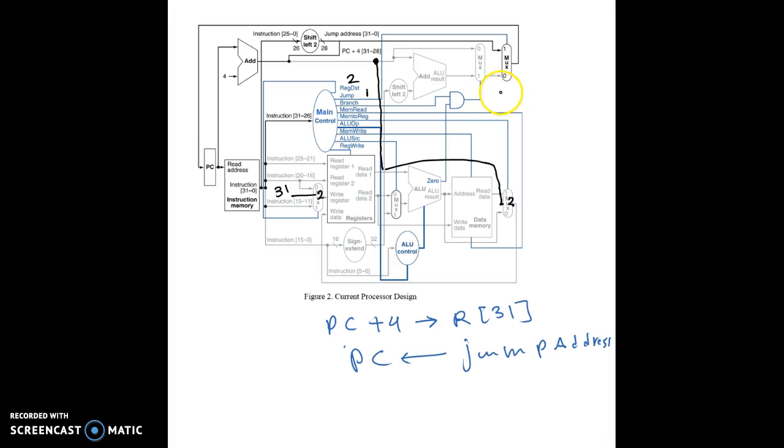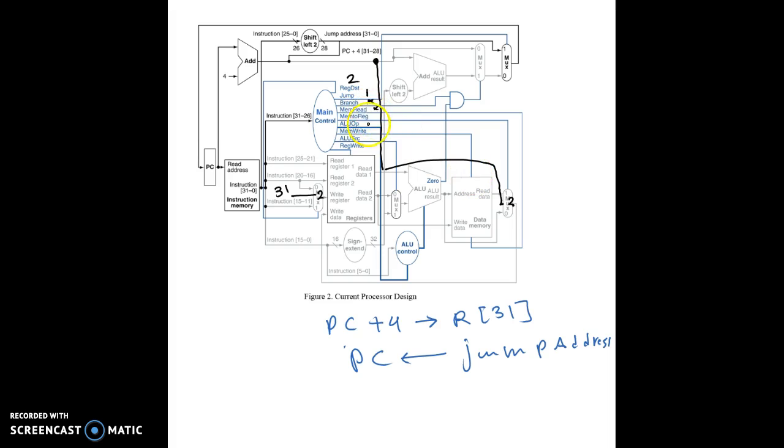For branch, we don't actually really care since jump is selecting between this or the result of this mux. So for branch it's going to be X. For memory read, it's going to be X as well, because reading from memory will not affect anything.